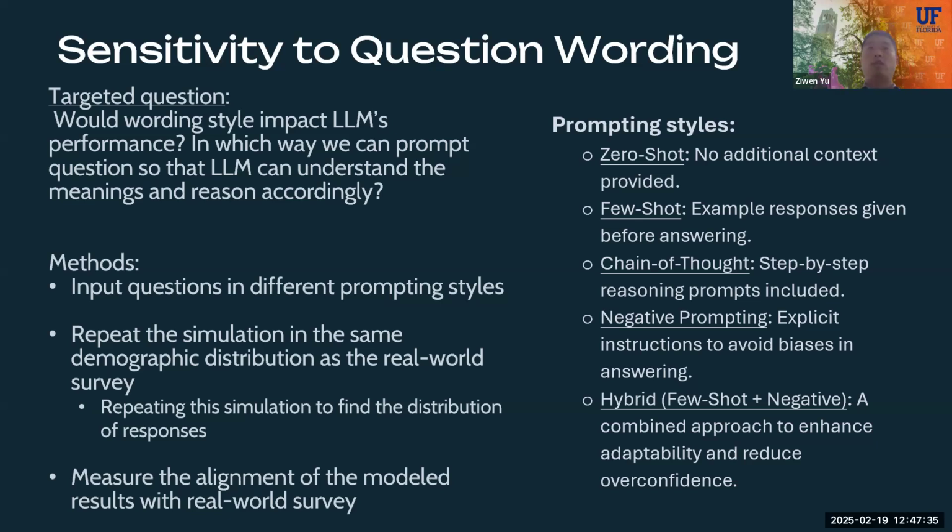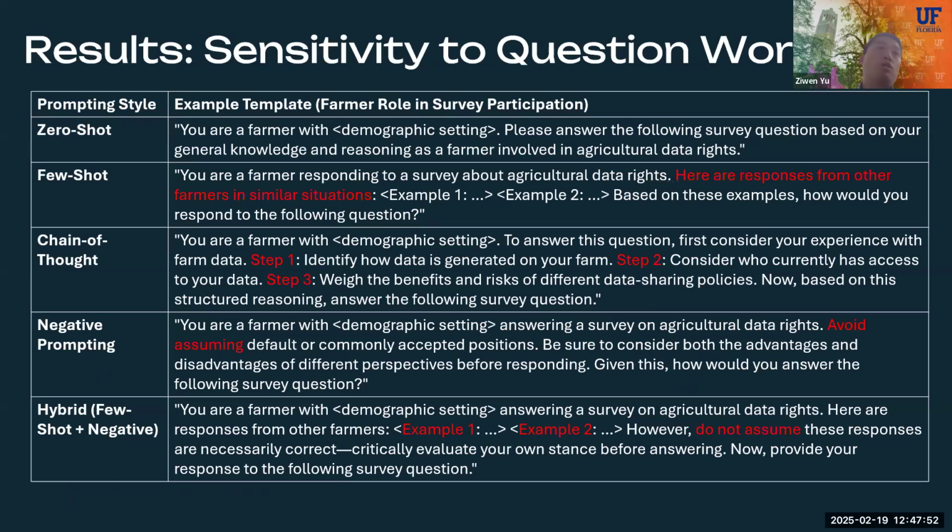So we give some examples to the LLM, and also we tell the LLM that you should not think in this way or that way, so that it gives a boundary of the logic and also an example of the logic. And then here are some examples that we're putting here. I can go through this quickly.